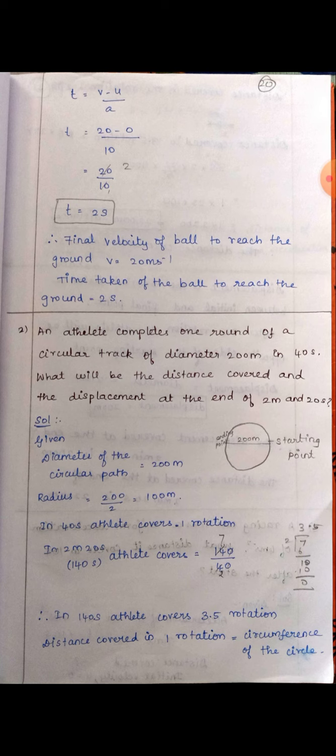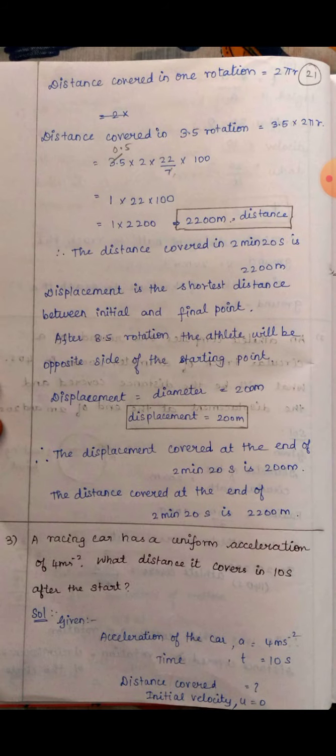Distance covered in one rotation is equal to the circumference of the circle. What is the circumference formula? 2 pi r. So distance covered in 3.5 rotations is 3.5 into 2 pi r. So 3.5 into 2 into pi value, 22 by 7, into 100.